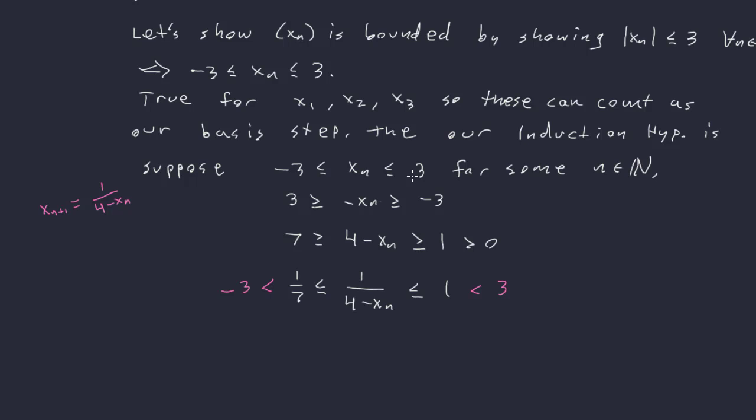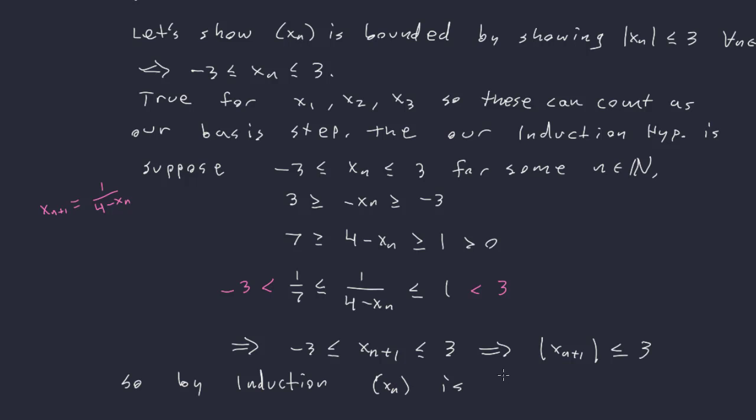Okay, and this is the formula for xn plus 1. So this implies that -3 is less than or equal to xn plus 1, which is less than or equal to 3. So the absolute value of xn plus 1 is less than or equal to 3. So by induction, the sequence xn is bounded.